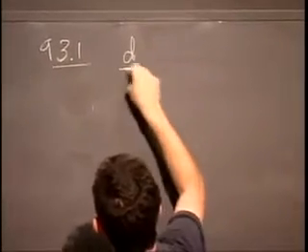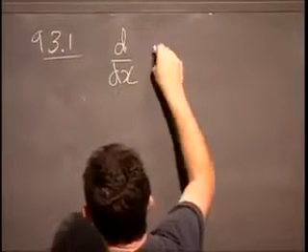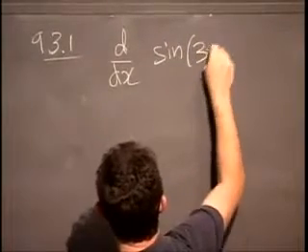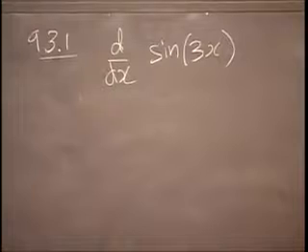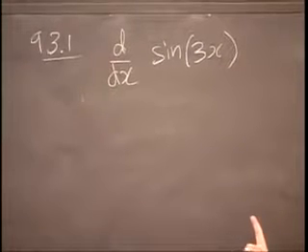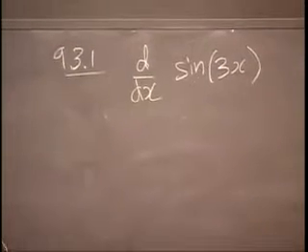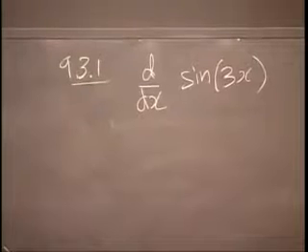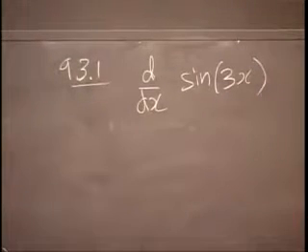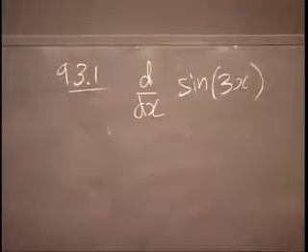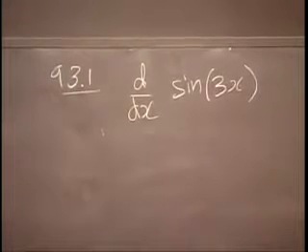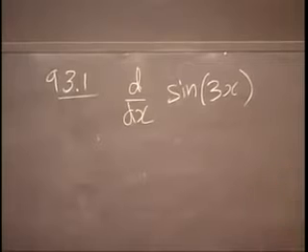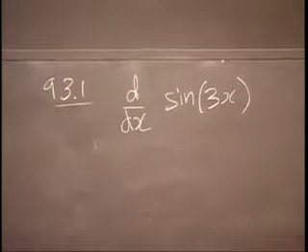Suppose we want to find the derivative of sine of 3x. Wait a second, that's not exponential. I talked about this sort of thing before. You could use the chain rule. In fact, you do use the chain rule. But because this is such a simple function of x, it's just a multiple, we learnt before that when you differentiate a function with ax replacing x, you just multiply by a, that constant.